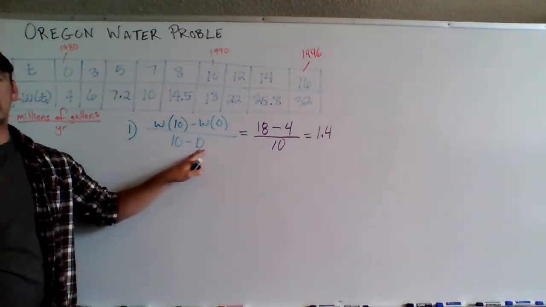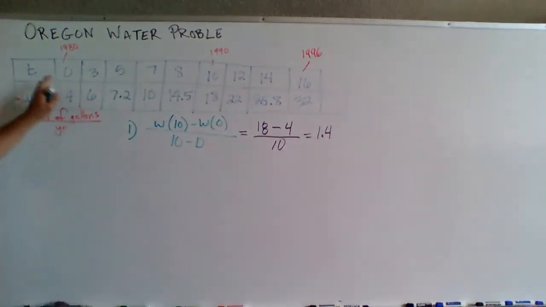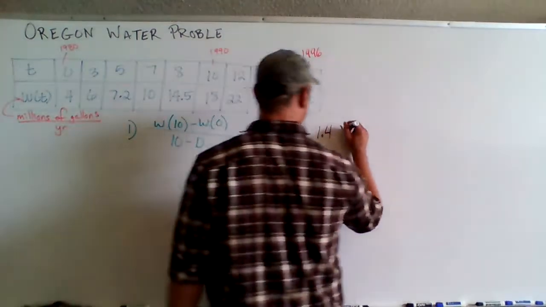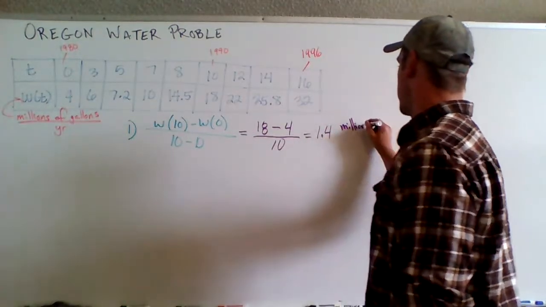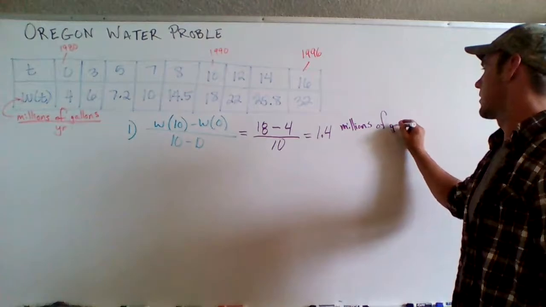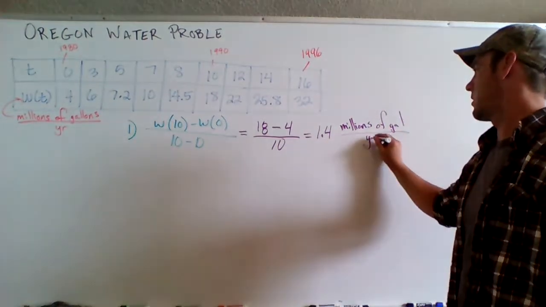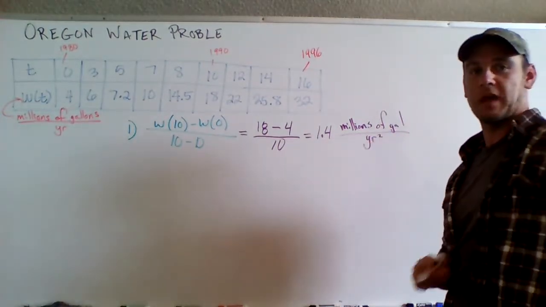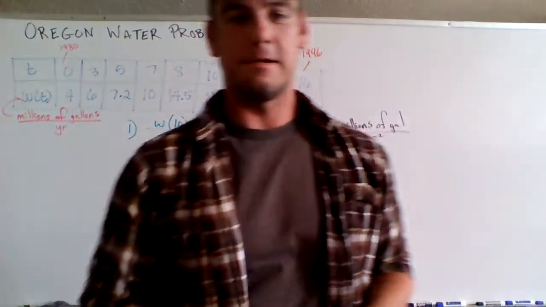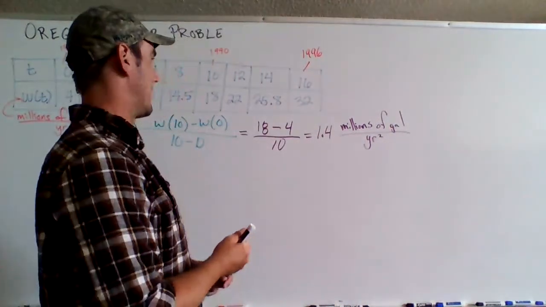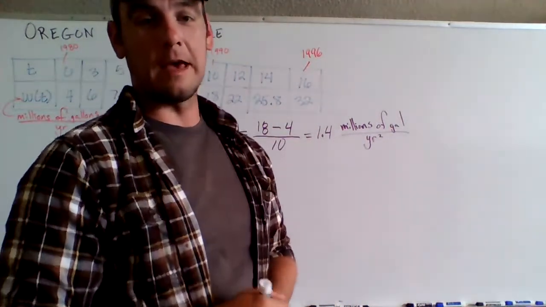And wasn't this our time in our denominator, which was years? So millions of gallons per year per year. So millions of gallons per year squared. You're doing AROC on a rate. AROC on a rate. Woo! But just pay attention.